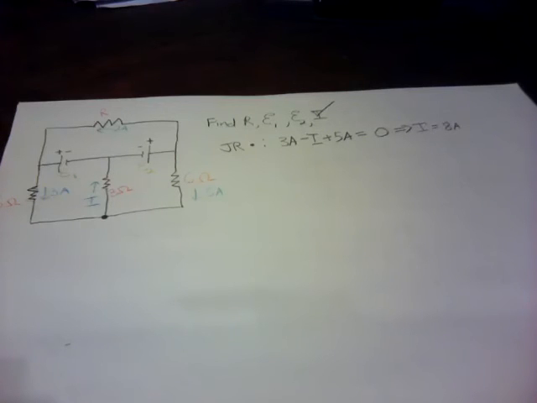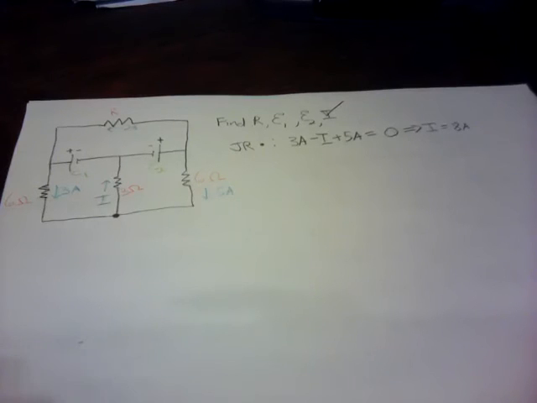Like I said, we could go to other junctions here, but I think it's going to be more straightforward for us to look at what's happening in various loops. We have 3 more unknowns to solve for, which means that we would need 3 loops in order to come up with all of the equations that we can solve for.